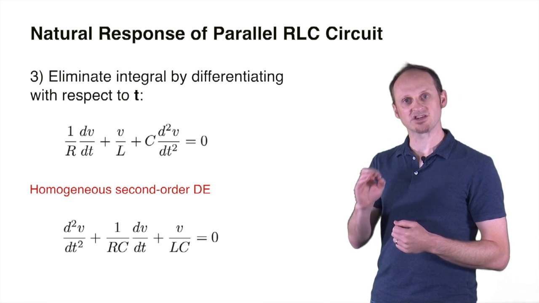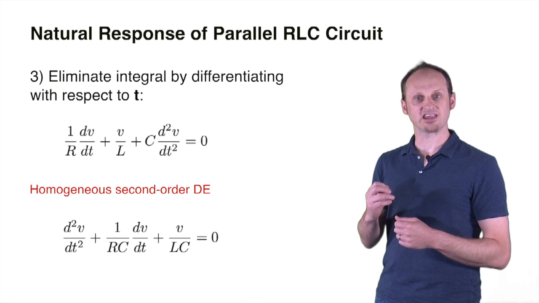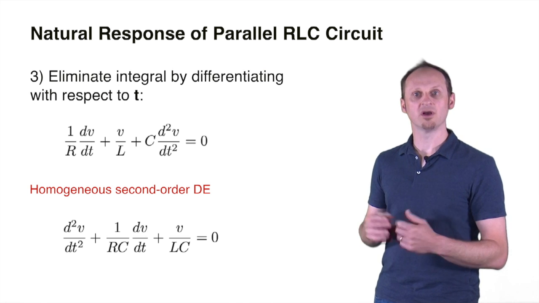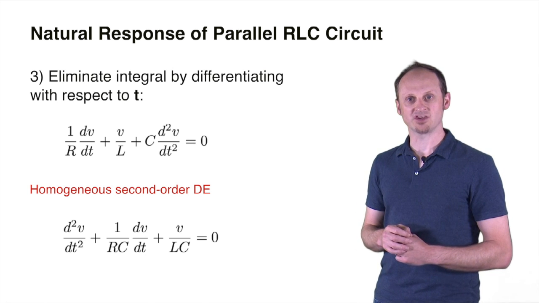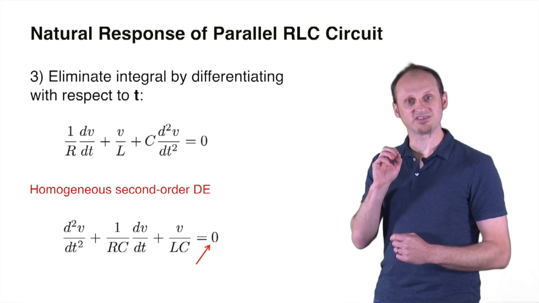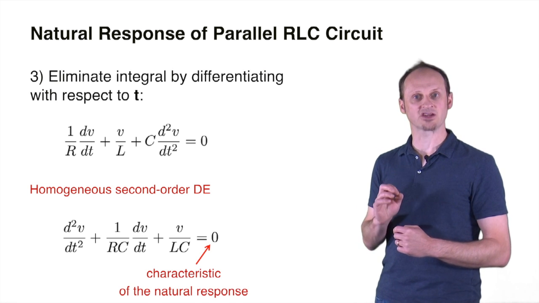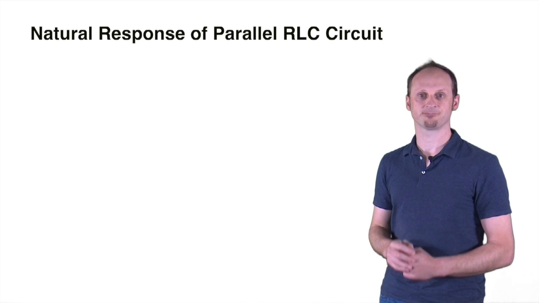This differential equation has constant coefficients because R, C and L are all fixed values. It's a homogeneous equation because the right-hand side equals 0. Now that's a particular characteristic of the natural response, where there is no source present.